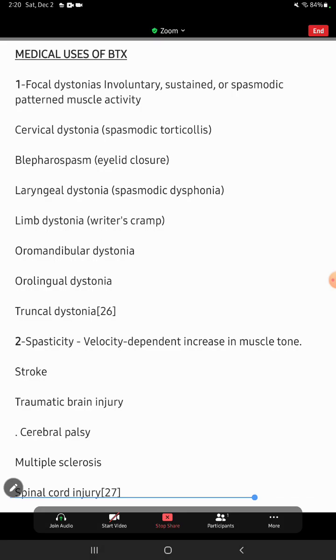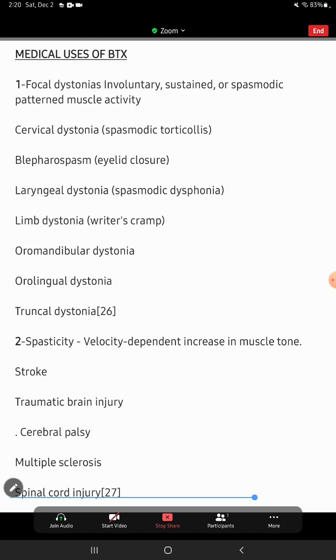Medical uses of BTX: first, focal dystonias, which are involuntary, sustained, or spasmodic patterned muscular activity. Cervical dystonia is actually spasmodic torticollis.